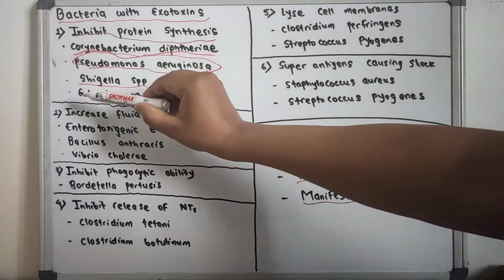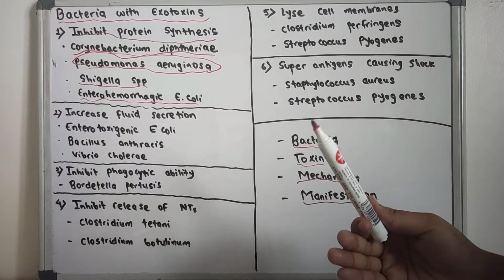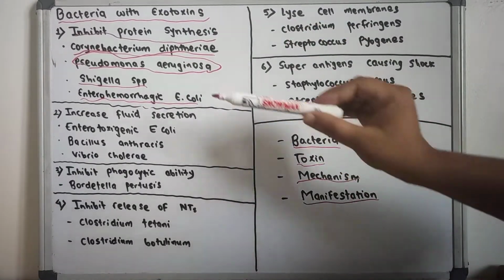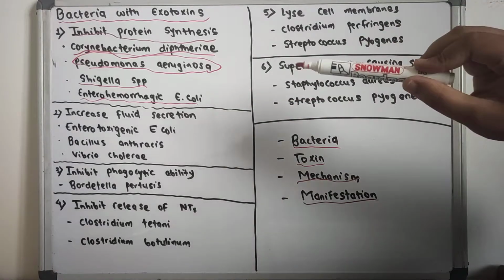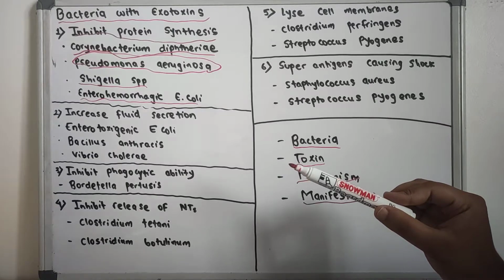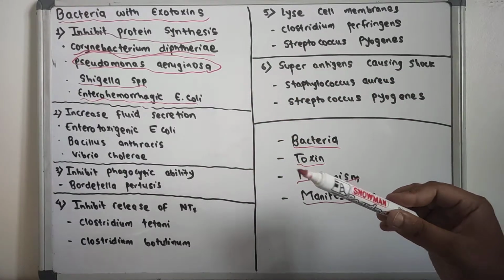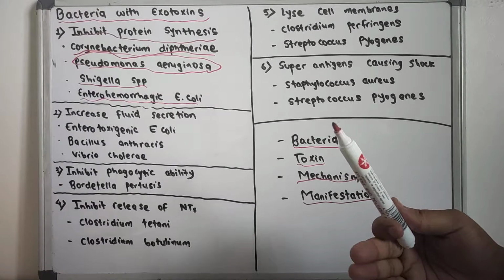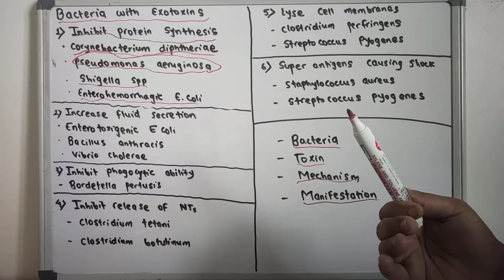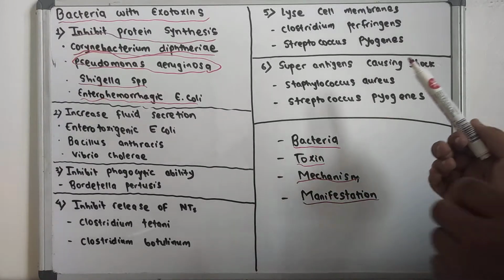Also the enterohemorrhagic E. coli secretes the Shiga-like toxin. That means Shigella species secretes the Shiga toxin, whereas enterohemorrhagic E. coli secretes the Shiga-like toxin. Both toxins act by the same mechanism, inactivating the 60S ribosome by removing the adenine from the ribosomal RNA.